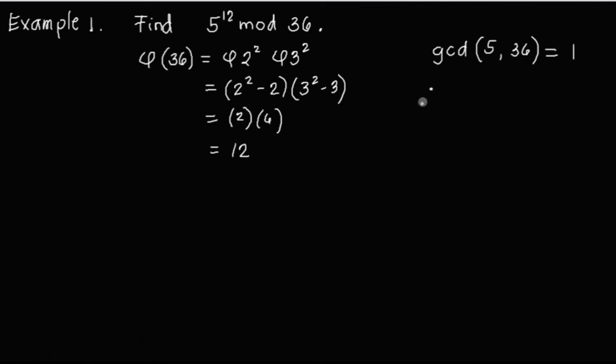Therefore, we can conclude that since this is the same as our exponent here, so the phi of 36 is the same as this, we can say that 5 raised to 12 will give us a remainder of 1 when we divide it by 36. Okay, so the remainder is 1. Now let us have example number 2.